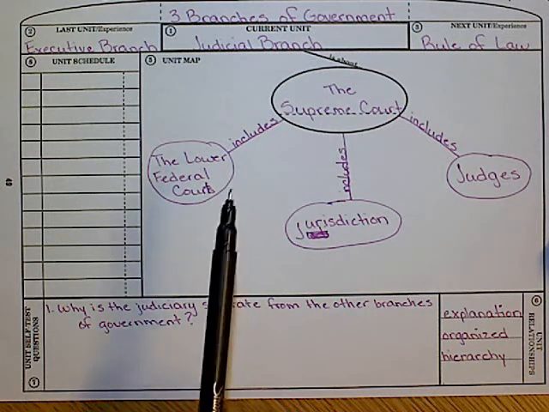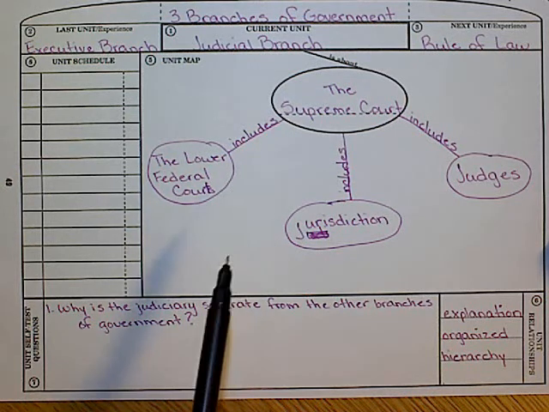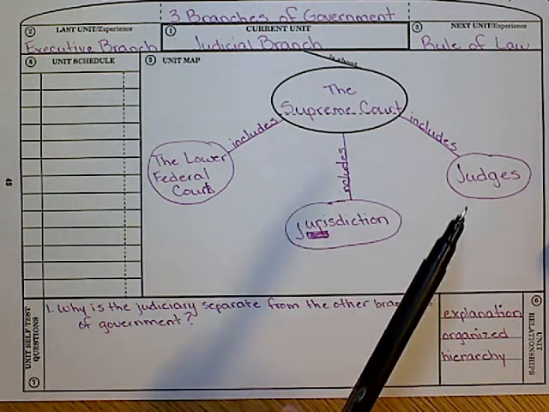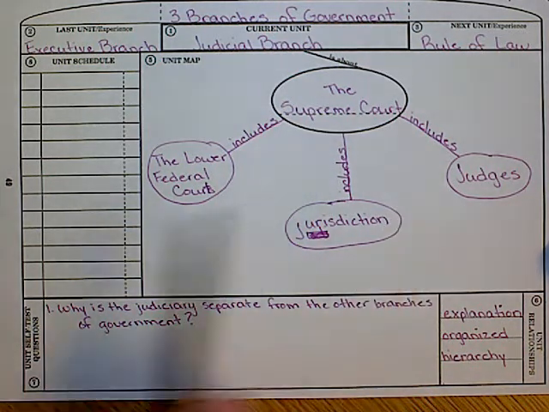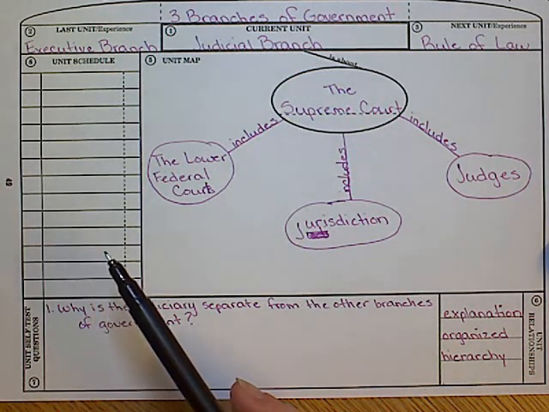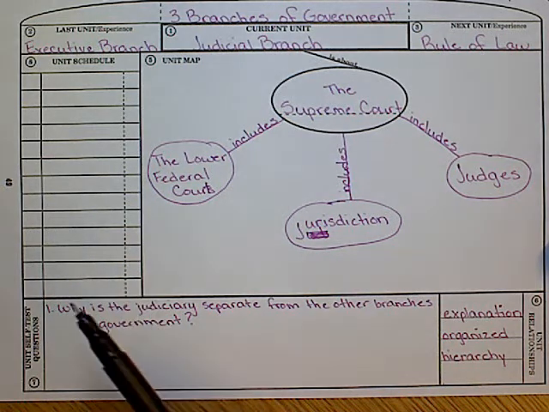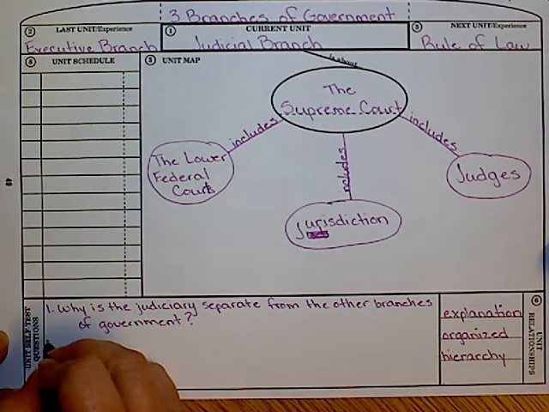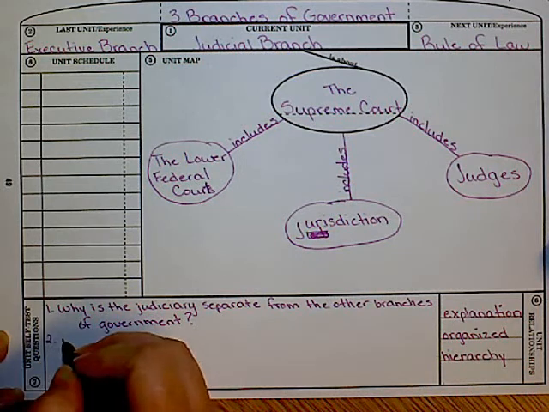So those written words that the legislative branch writes and creates, the judges' job is to determine if an event is against the law or not against the law, and how the interpretation of the law applies to that particular situation. So we'll get more into that. So we'll discover more about that information of the why.